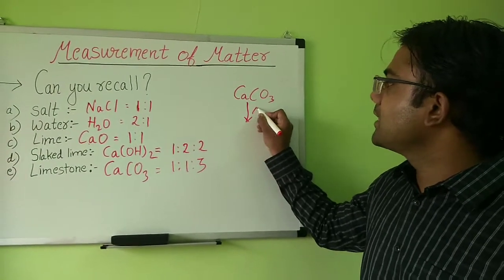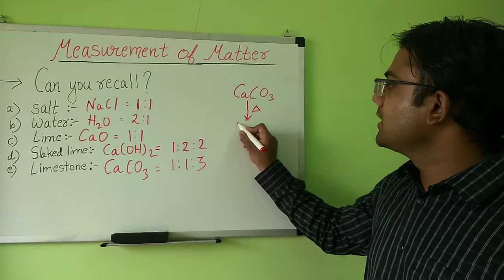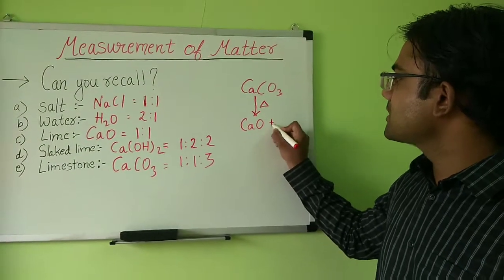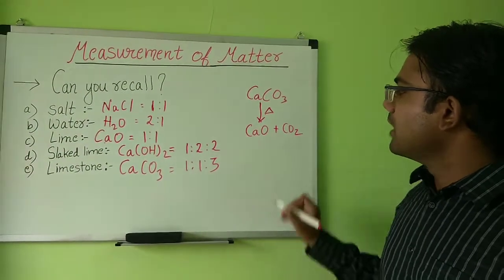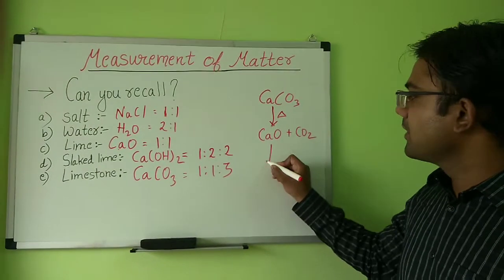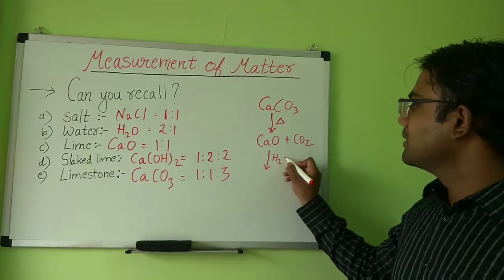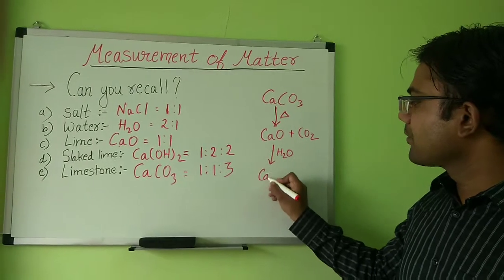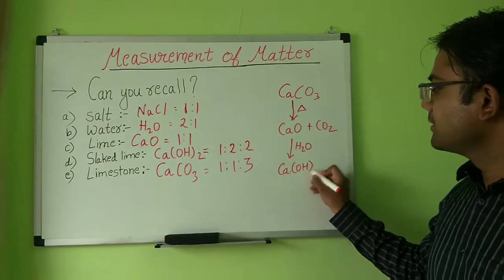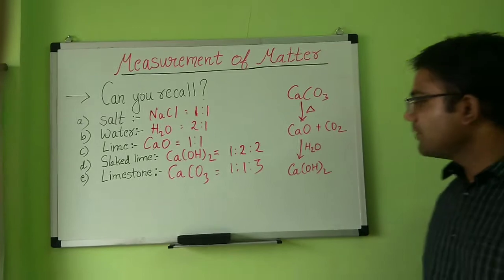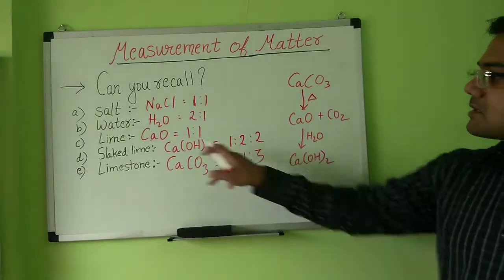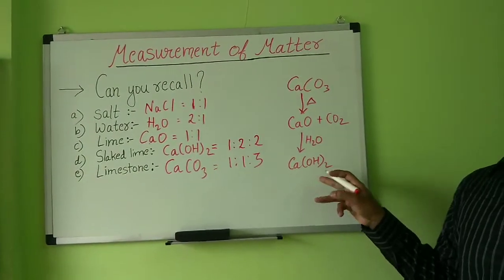Now when it is heated or decomposed, it will give calcium oxide plus carbon dioxide. And now this calcium oxide, if dissolved in water, will form calcium hydroxide. Calcium hydroxide is nothing but slaked lime, or if it is dissolved in water, it is lime water.